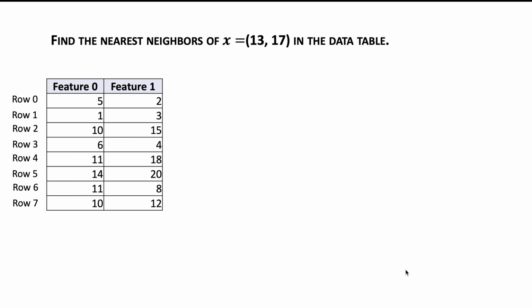Notice that in the table we named the rows with row 0, row 1, row 2, and so forth. We have 8 rows, therefore our row numbers or row IDs vary from 0 to 7. Now, why are we starting our row IDs from 0?